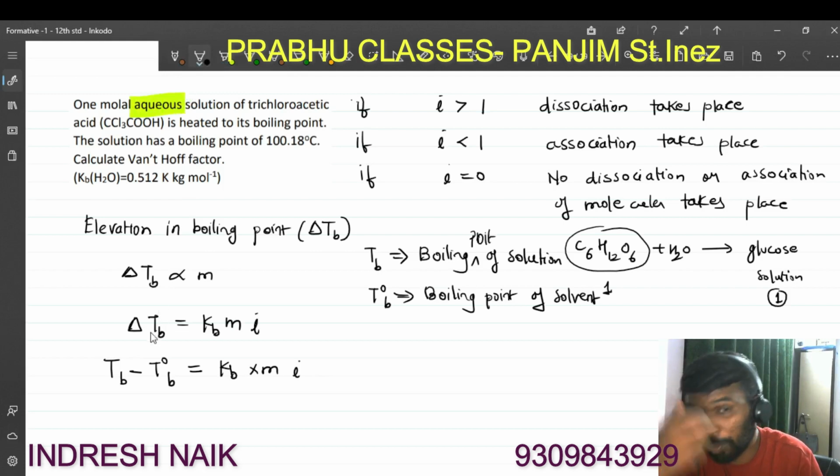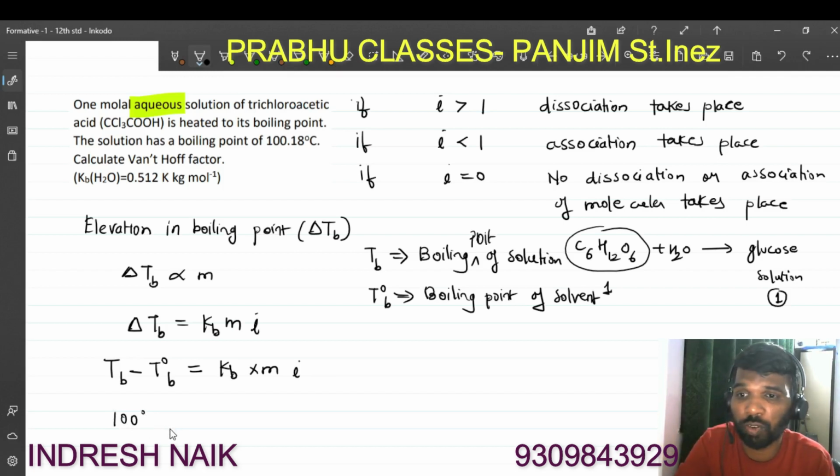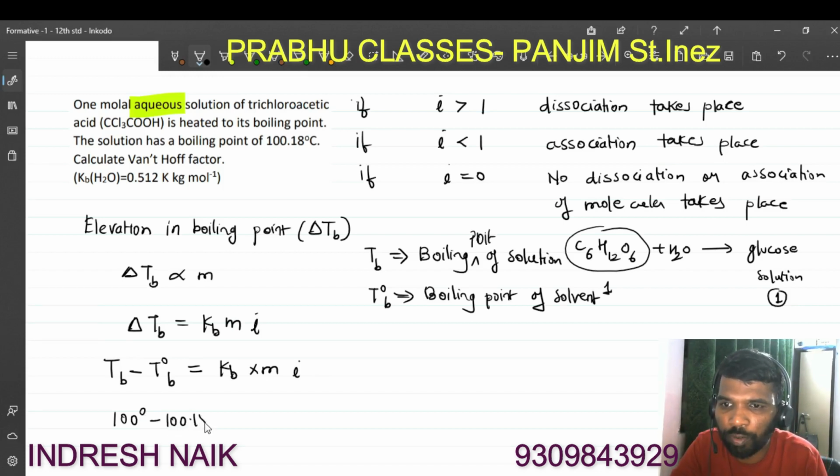The boiling point of the solvent we know is 100 degrees Celsius. Since this is a difference, there is no need of conversion, whether in Kelvin or degrees Celsius, the difference remains the same. Kb is given to be 0.512. And the molality is 1 molal, so molality is 1.